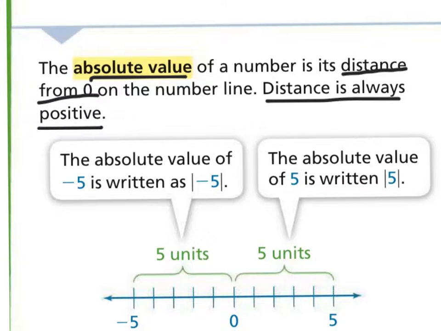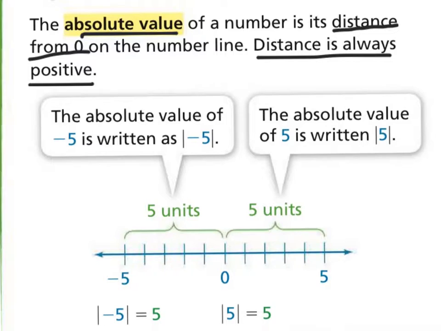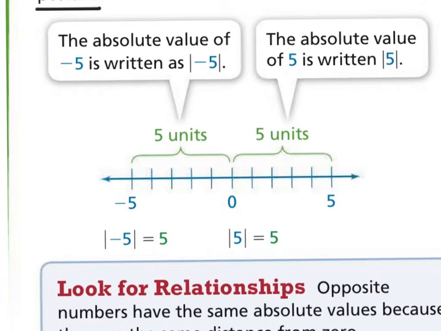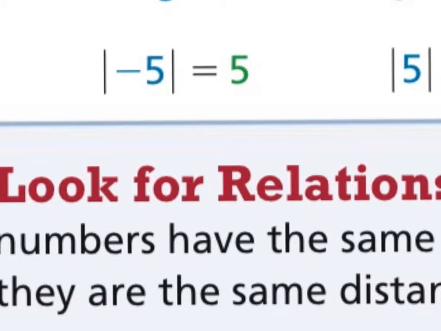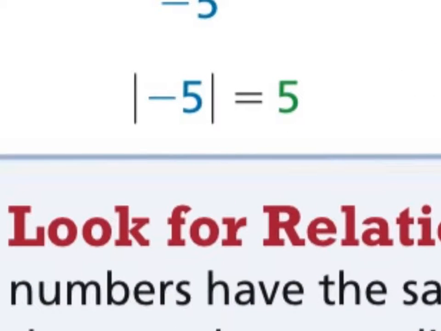Absolute value is written by putting these bars around numbers. So we're going to see a lot of bars around numbers in this lesson. If you look at some examples they've put here, absolute value of -5 is equal to 5. So when you see the bars, that's saying how far is this from 0? That's all it's saying.